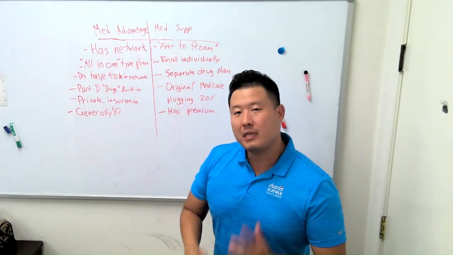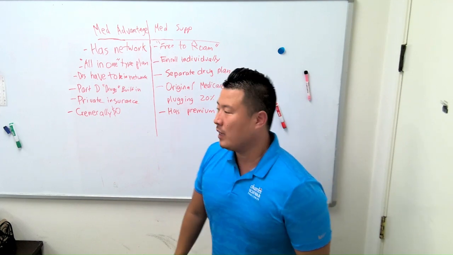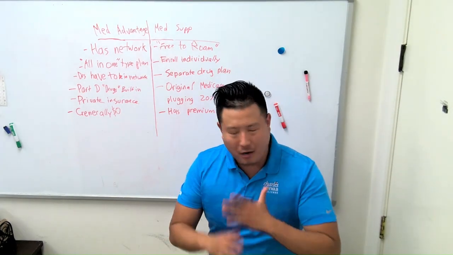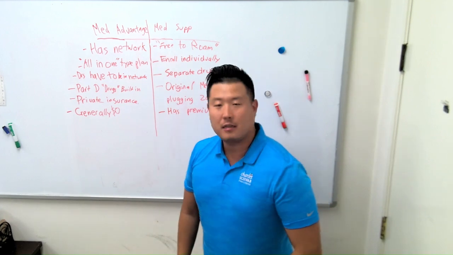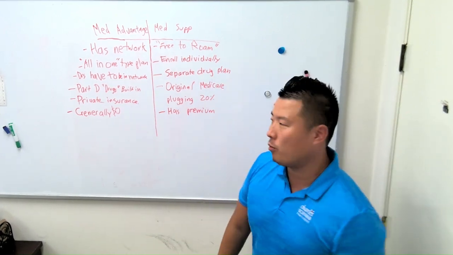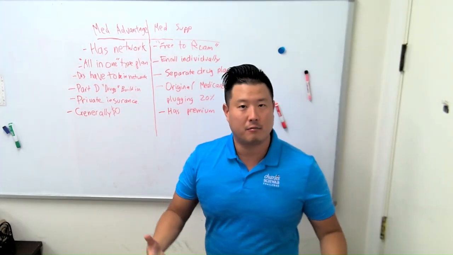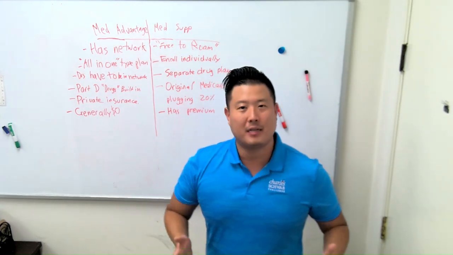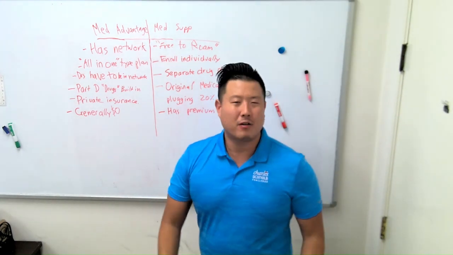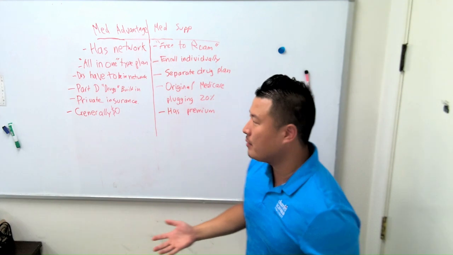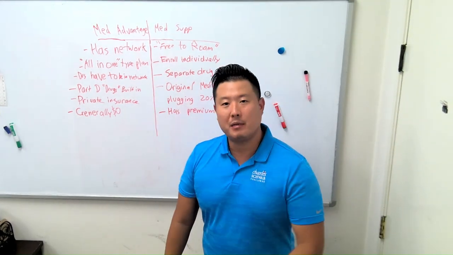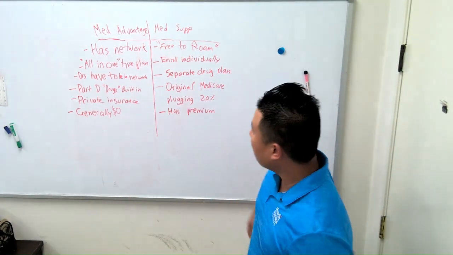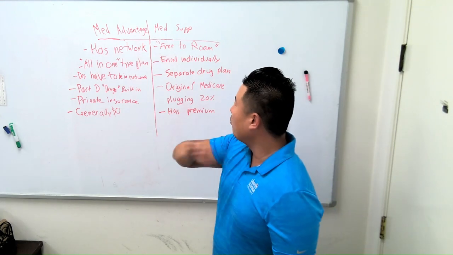Part B has a premium associated with it generally, so let the clients know. They probably already know that because it probably comes out of their bank account, or comes out of Social Security, right? And this is a must. For the most part, everybody that has Medicare will pay a Part B premium. So let them know that, but that'll set them up for one of these plans.